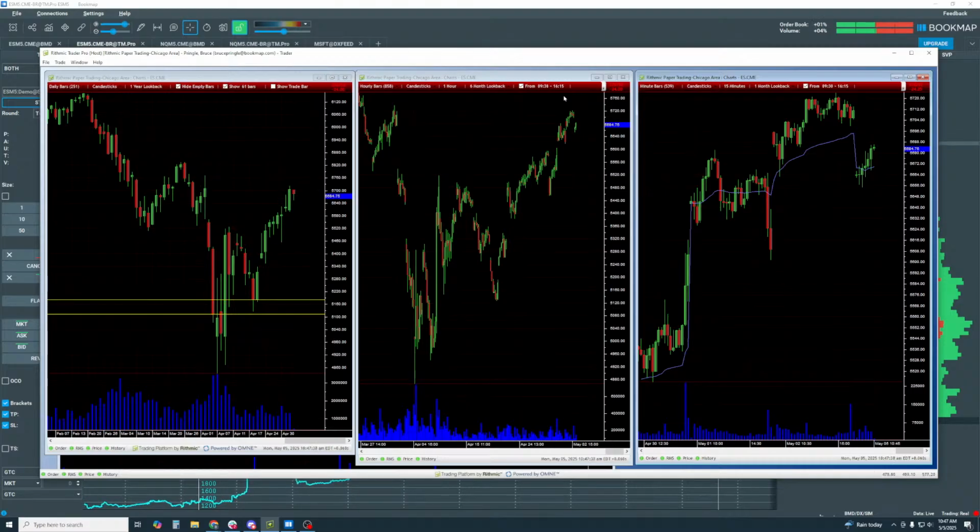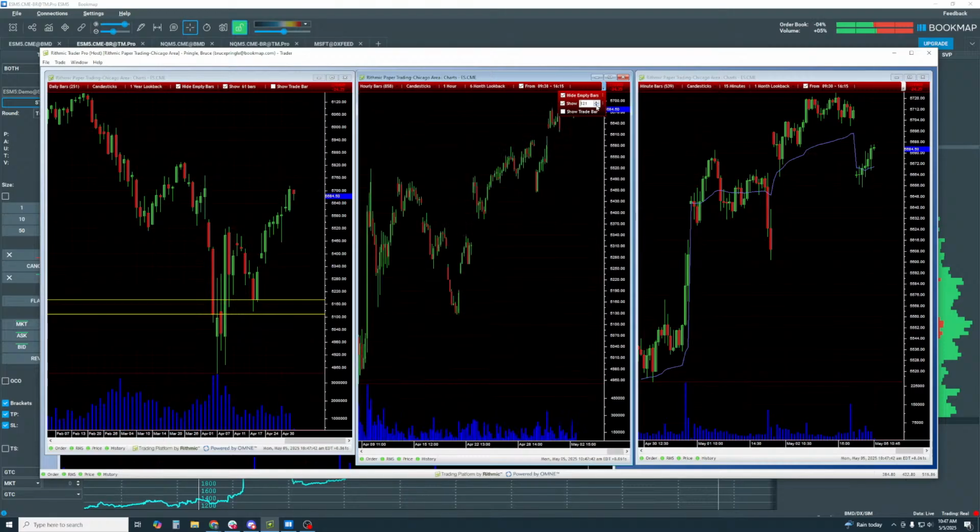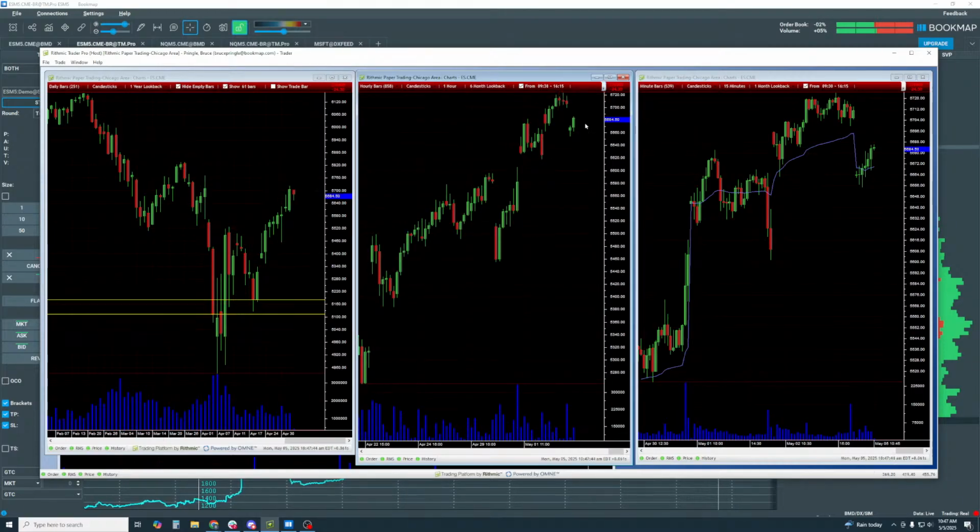But so far we're seeing more buyers, and on the hourly chart as well. So we have a little bit of momentum here. The daily's really not showing us much. We are within the previous day's price action.